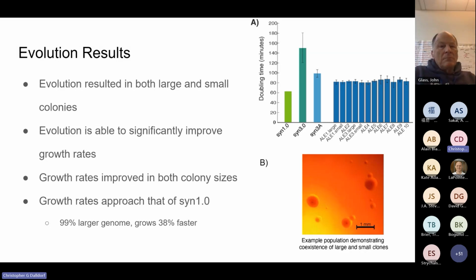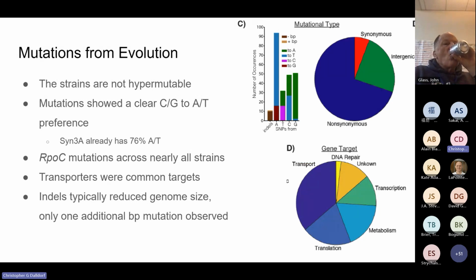I'll talk a little bit about mutation results now. A big concern for this paper was trying to analyze using ALE. ALE is really dependent on using independent lineages to look for convergent mutations to imply causality of those mutations.